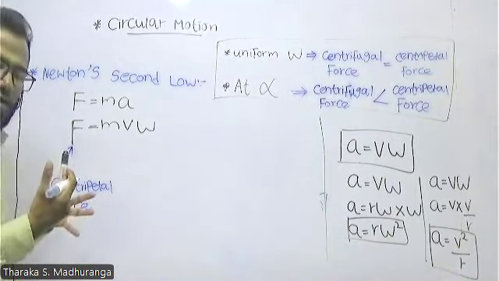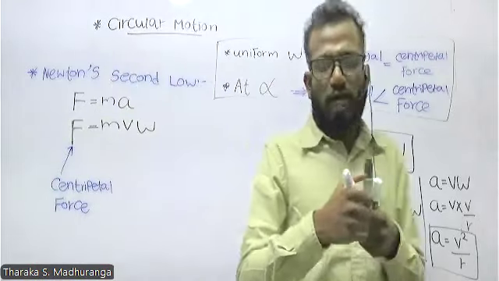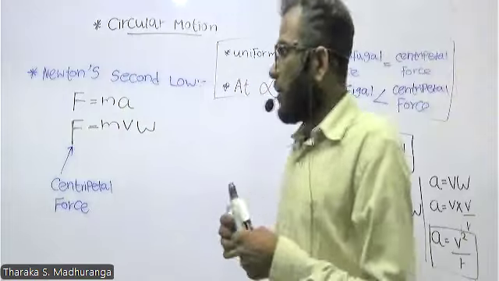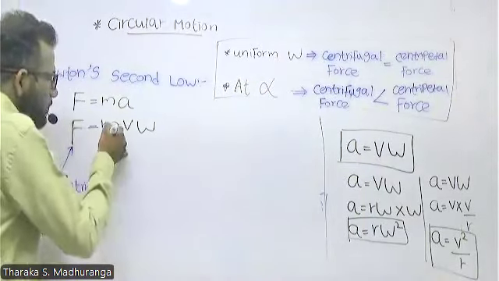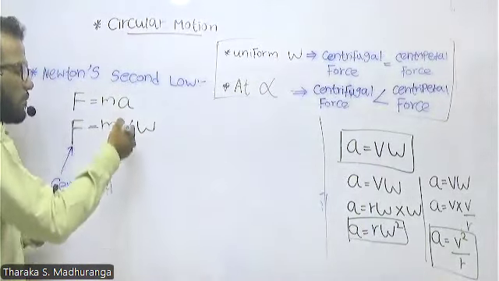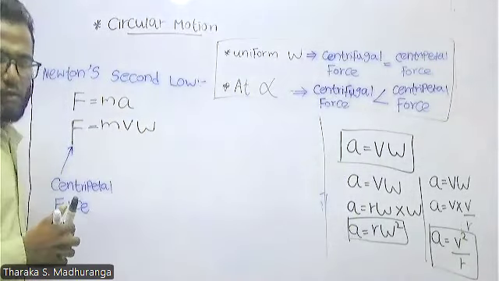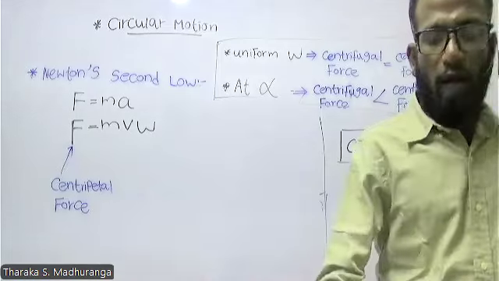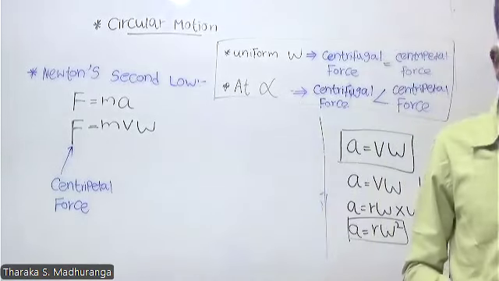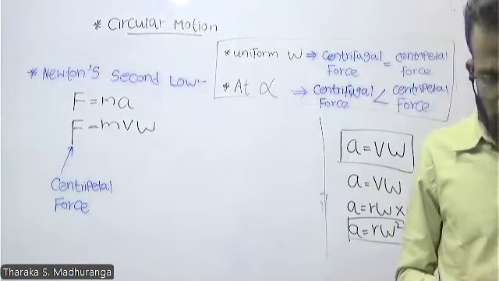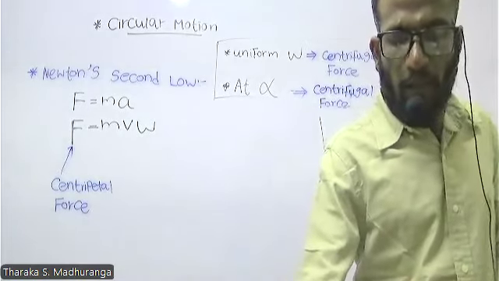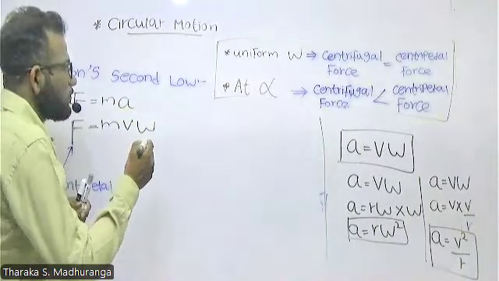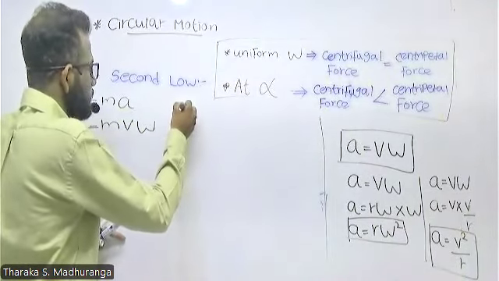That means the force of unbalance in the circular motion, in any object that rotates in circular motion. This is mass, speed, and angular velocity. F equal m v omega is the new equation.